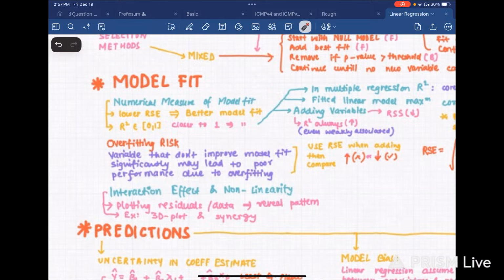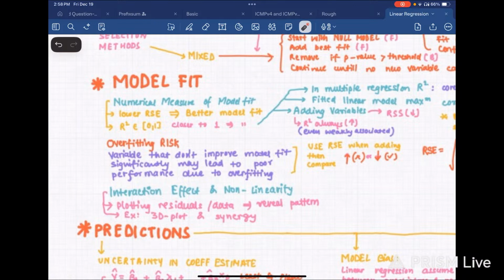As a numerical measure of model fit, a lower RSS means a better model fit. If RSS is very low, then the model fit is better.